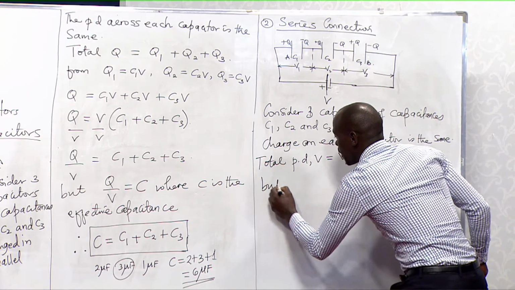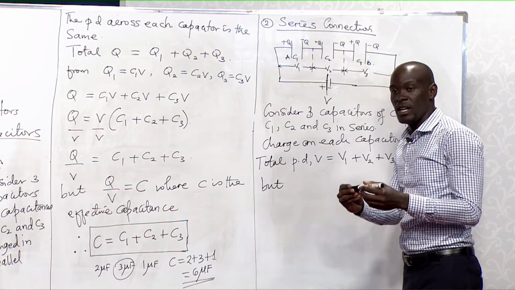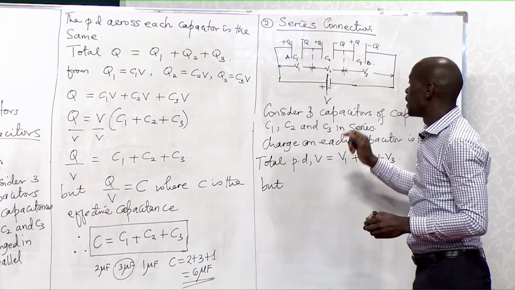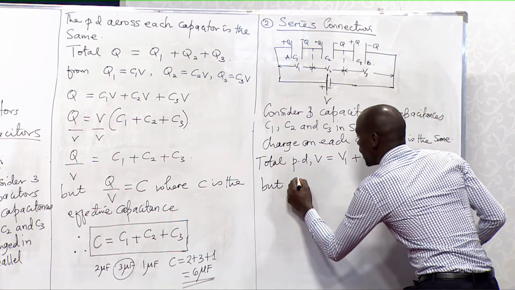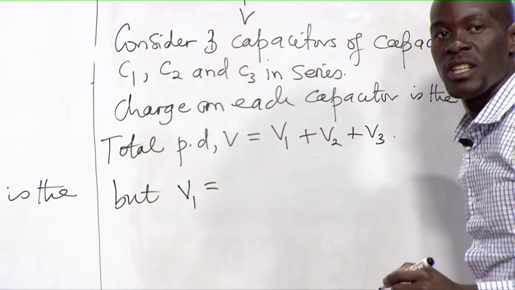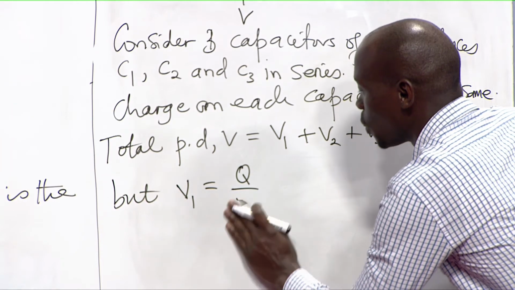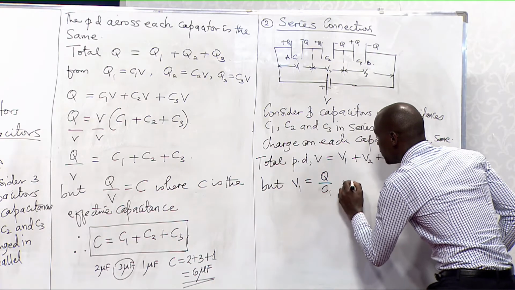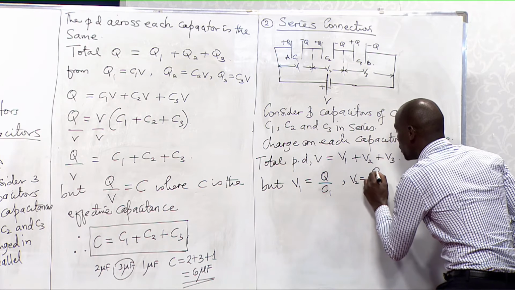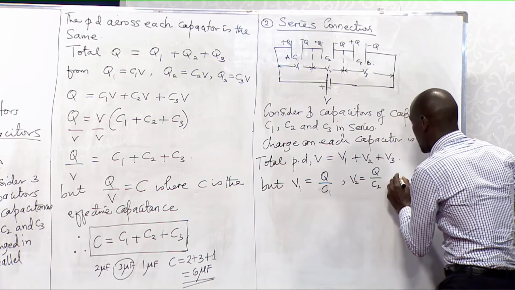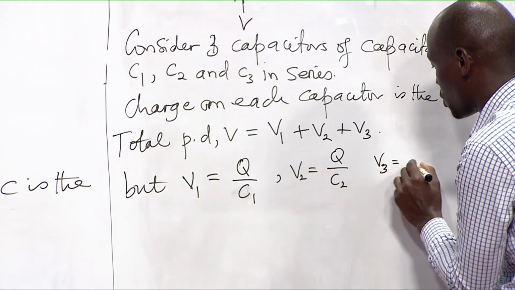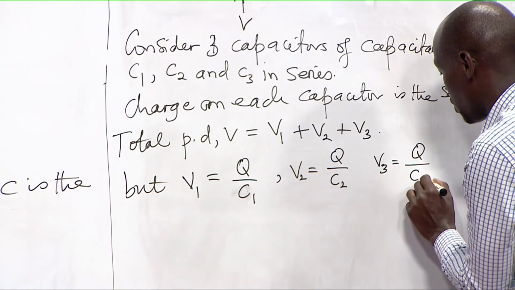But we can go ahead and get the PD across each of them. V1 will be equal to, remember, charge is the same, isn't it so? So Q over C1. V2 will be equal to Q over C2. And finally, V3 will be equal to Q over C3.